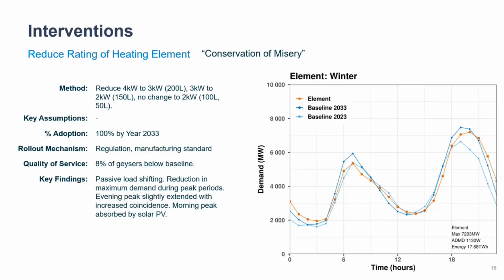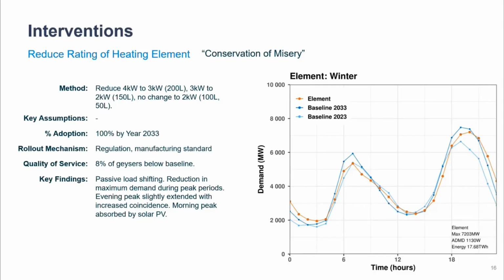So that would be the intervention. And our prediction is you'd get through a fair amount of the fleet over a 10-year period as the geysers wear out and get replaced. So effectively, we worked around 100% adoption by 2033. This could be done by regulation and some sort of manufacturing standard. So it's a relatively painless thing to do.